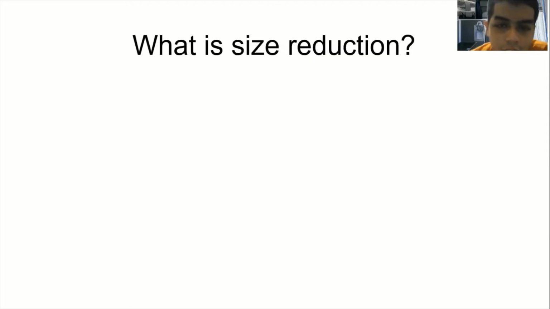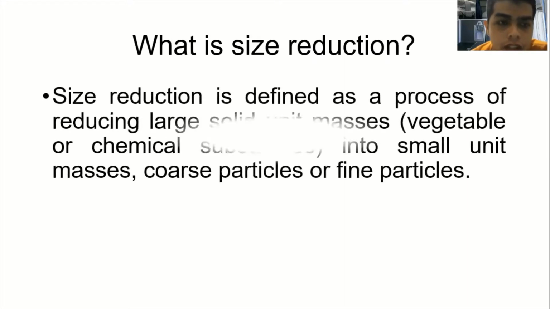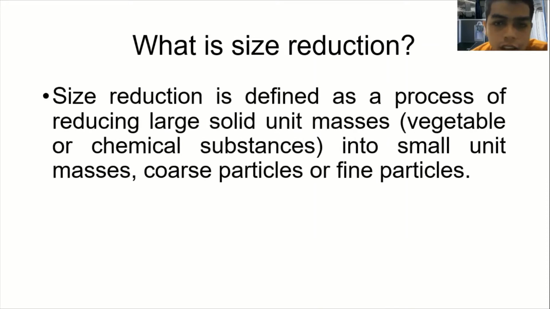So if no one answers, I will give the definition. Size reduction is defined as a process of reducing large solid unit masses, vegetables or chemical substances into small unit masses, coarse particles or fine particles.